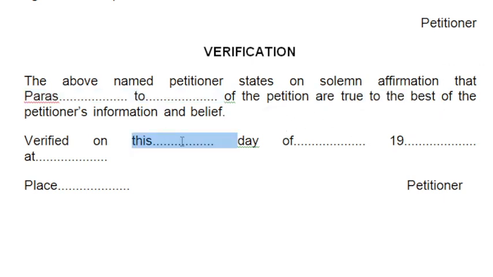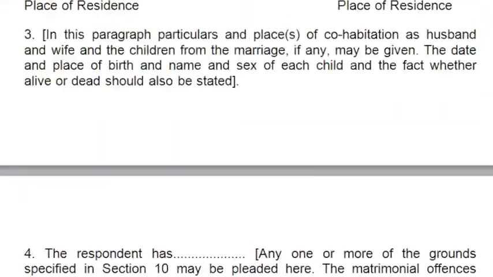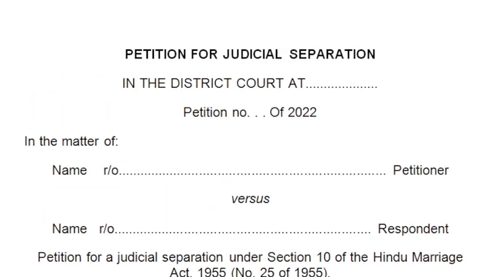You have to mention the date and place at which you are verifying this petition, and at the right hand side the petitioner's signature. So this is the format of a petition for judicial separation.